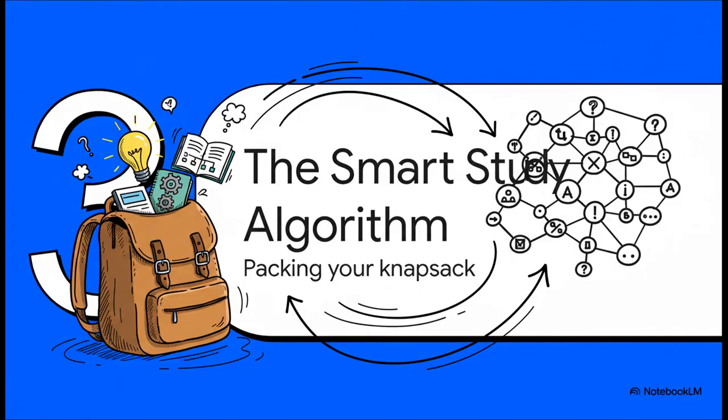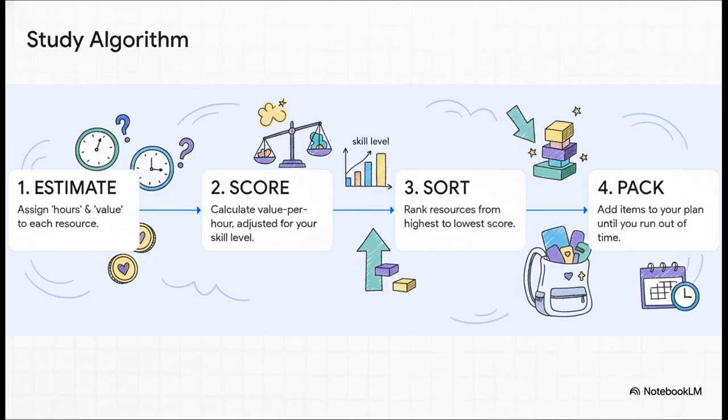All right, we have our knapsack and we have our items. Now for the really smart part, the algorithm that's going to decide what actually goes into our plan. It's a pretty straightforward 4-step process. First, for every single resource, you estimate 2 things: the hours it'll take you and its personal value to you. Now, value here is totally subjective. Is it a topic you're weak in? Is it a course with amazing explanations?